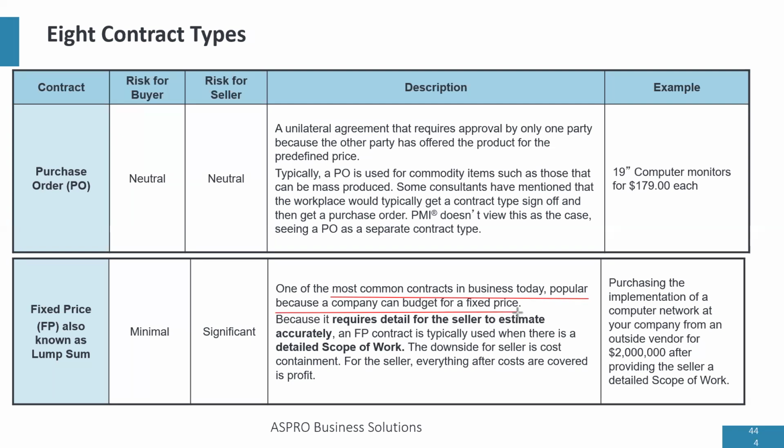And the reason the company can fix a price is because they have details about the scope of work, right? So if you have enough details about the work that your vendor is going to do, then you can fix the price. Let me give an example of what I mean by detail.